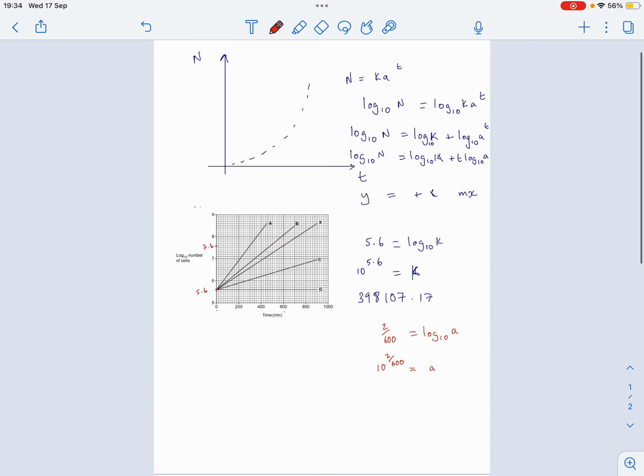Right, let's have a look then. So let's put this k and a back into the original equation. So n, the number of bacteria, is equal to this very, very odd number, and then we're going to times that by a, because it's k times a in our formula. That's 10 to the power of 2 over 600, and then raise it to the power of t.